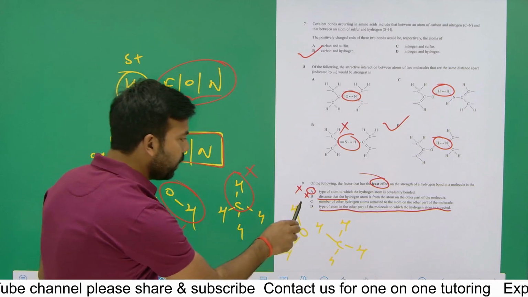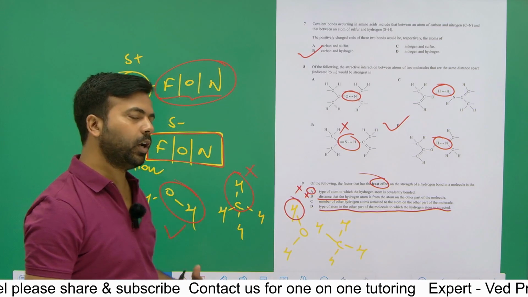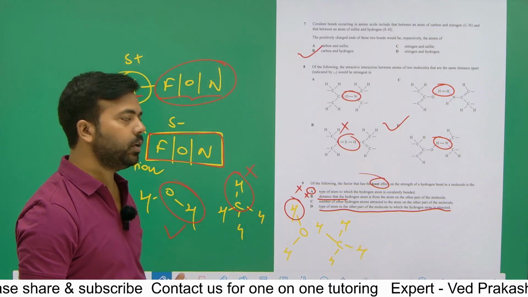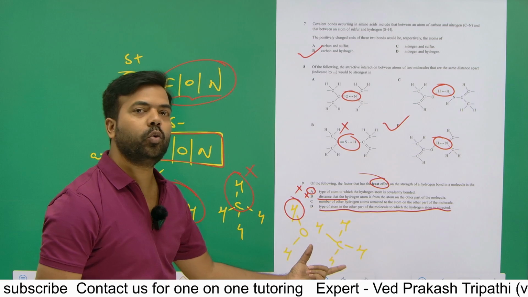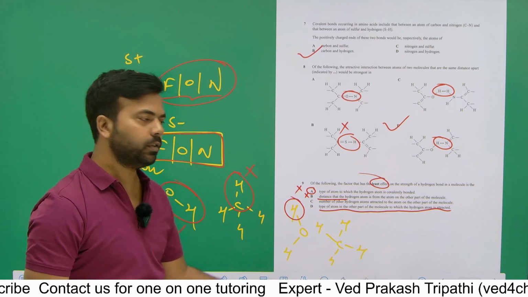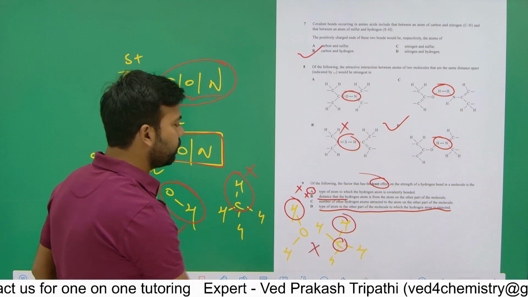So we have this hydrogen for hydrogen bond, but we have to figure out another set of electronegative element which can be fluorine, oxygen and nitrogen. And you can see there is no electronegative element. Can you see? This is carbon and hydrogen only. So there is no hydrogen bond here.